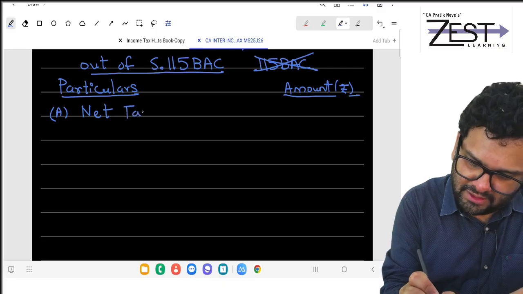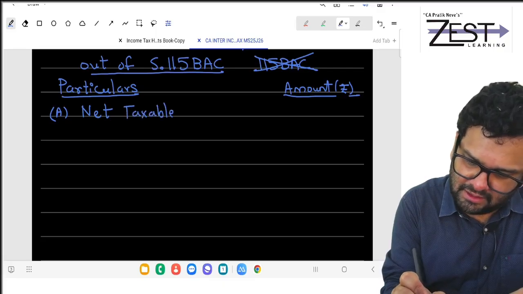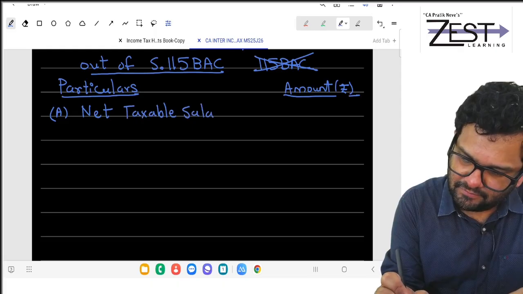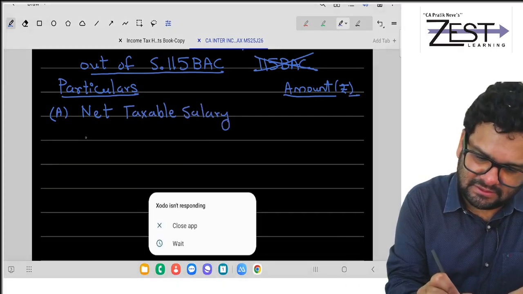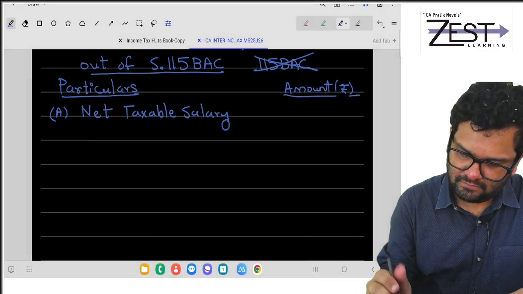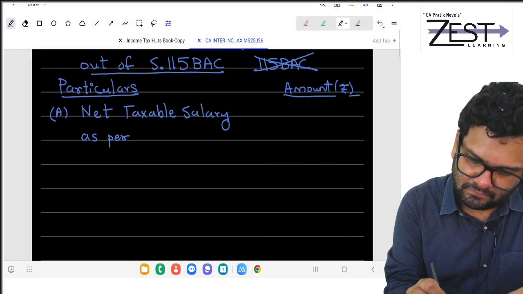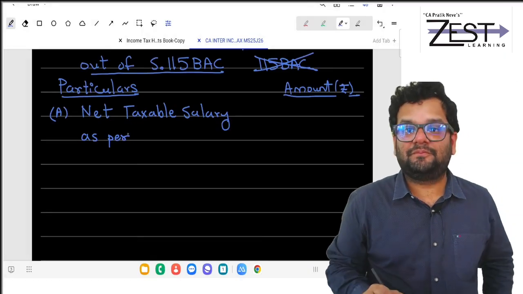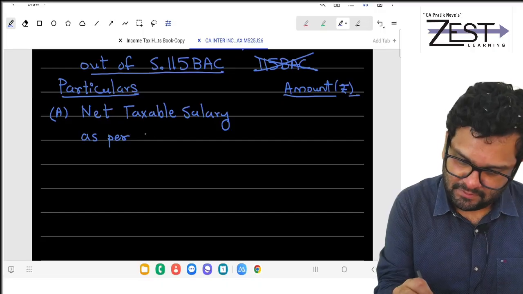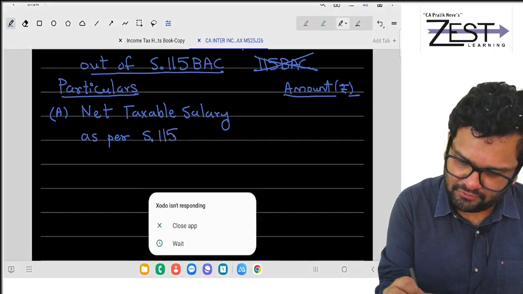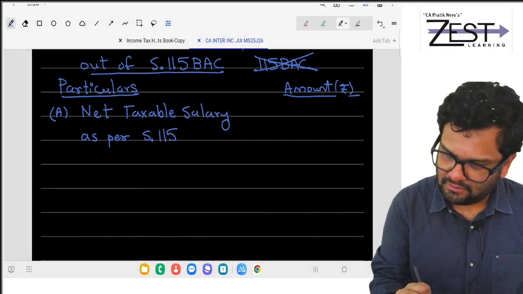You already have net taxable salary as per section 115BAC.